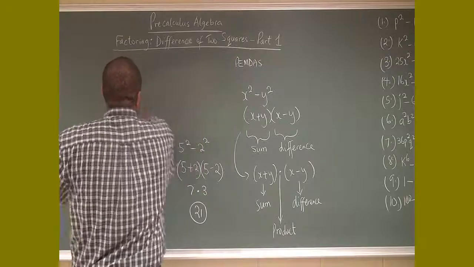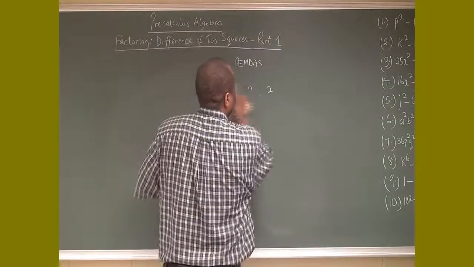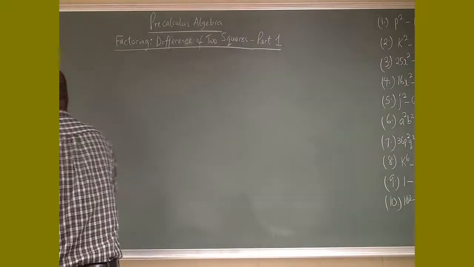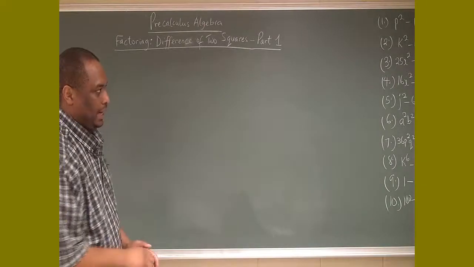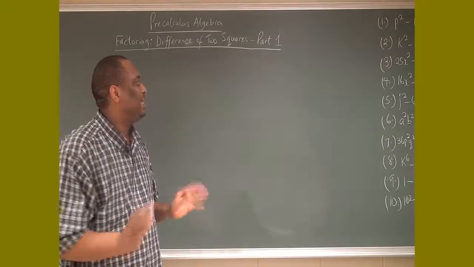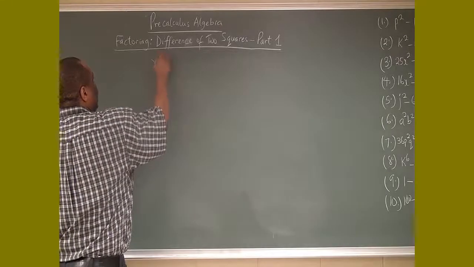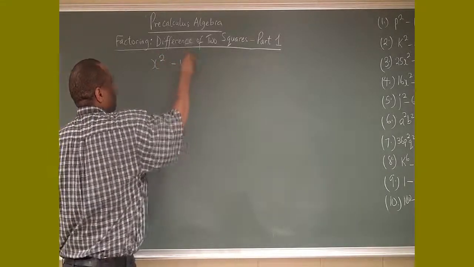All right, let's get started now. Let's do all the problems we shall do tonight. What we want to do is express it in the form x squared minus y squared.